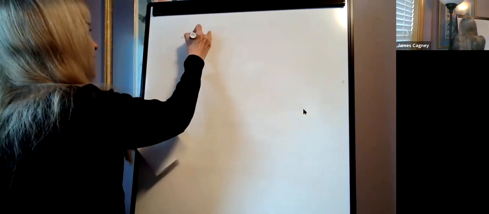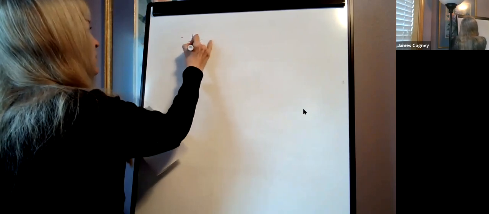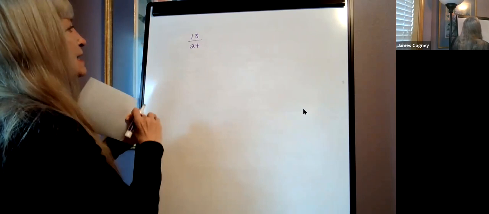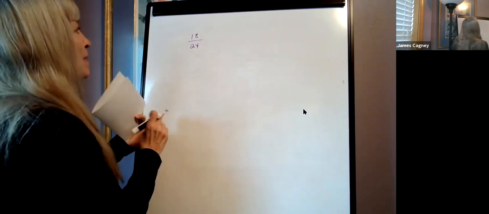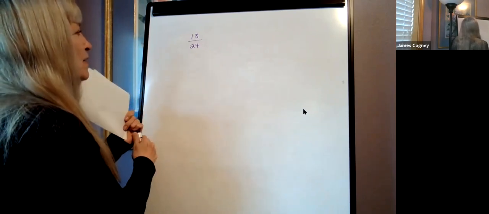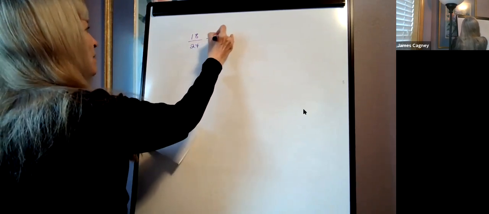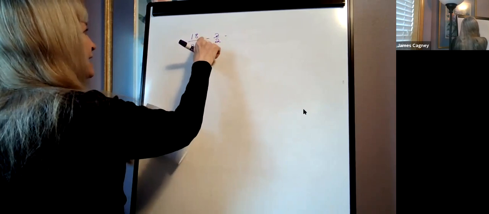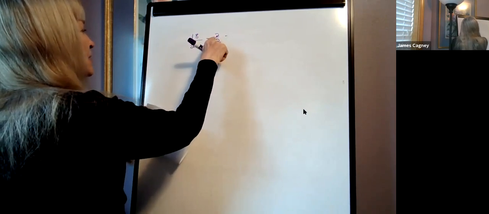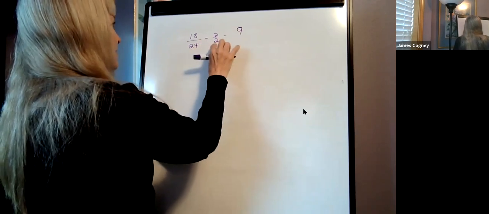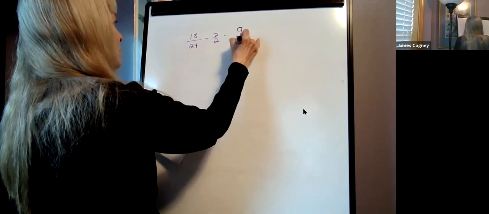I need to write 18 and 24 simplified, so I need to take out common factors. Say I don't know what it is, but I know that 18 and 24 are both even numbers, so I know that even numbers are divisible by 2. 18 divided by 2 is going to give me 9. 24 divided by 2 is going to give me 12.